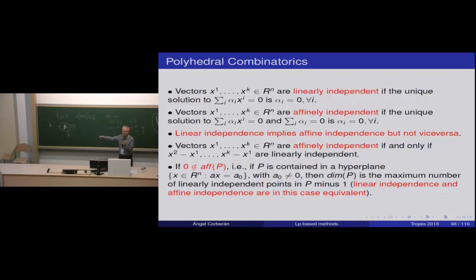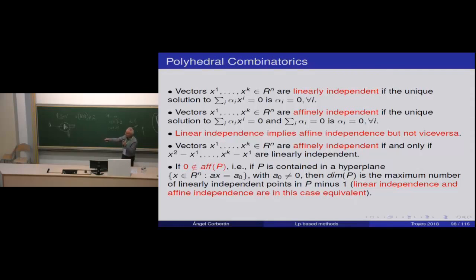So they are related, but it's not the same condition. Obviously, linear independence implies affine independence, but not vice versa. These vectors are affinely independent if you subtract one of them and what you obtain are linearly independent.